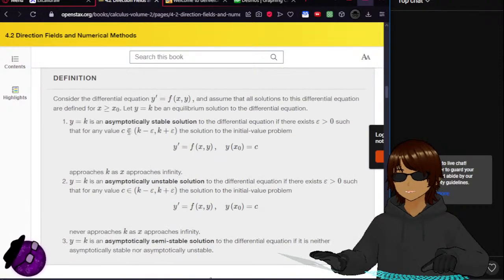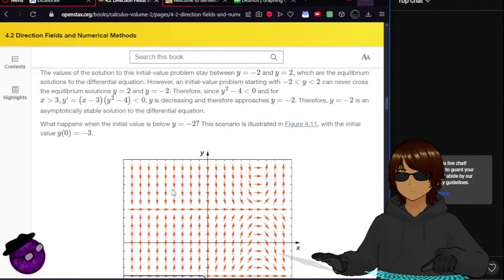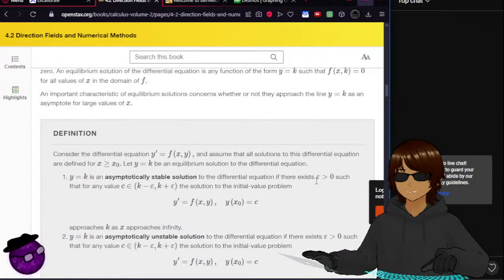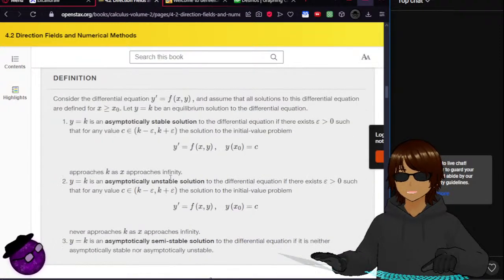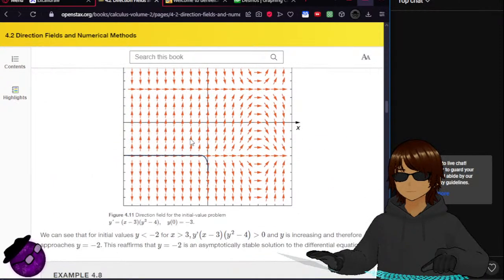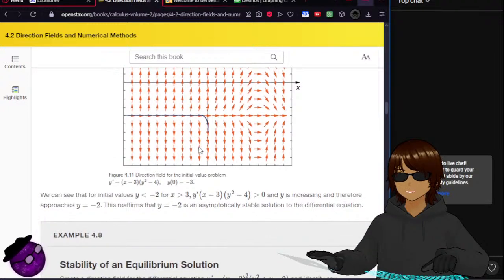It's stable if it approaches k as x approaches infinity. Unstable if it never approaches k as x approaches infinity. Is this unstable?